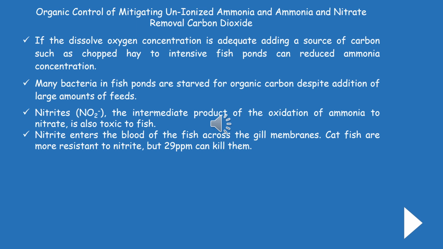Respiration reduces pH because animals respire and excrete carbon dioxide, especially at night. The amount of toxic ammonia increases as temperature and pH increase.